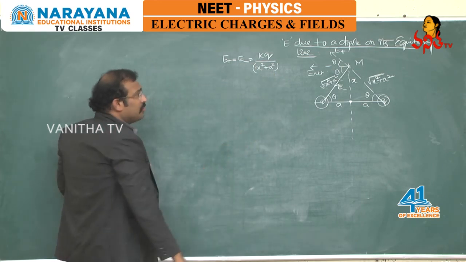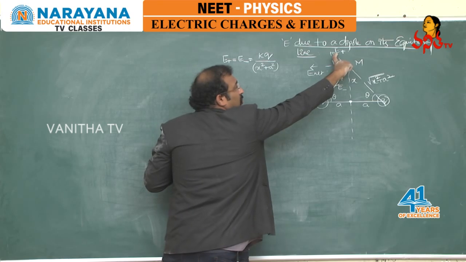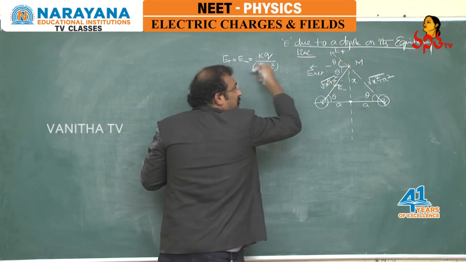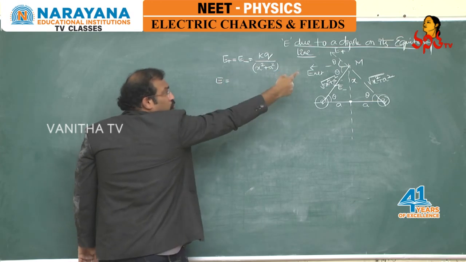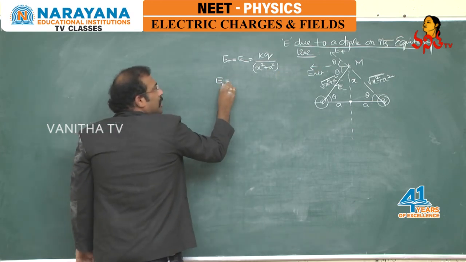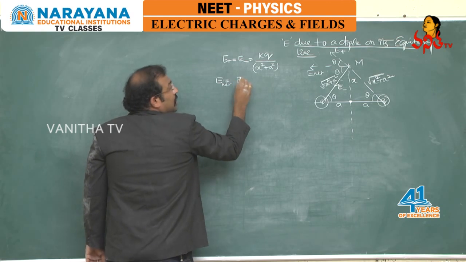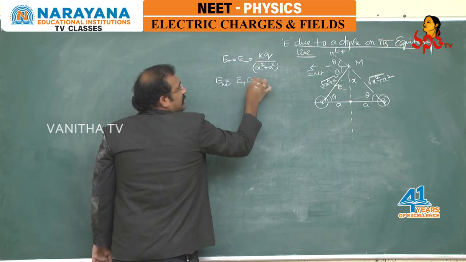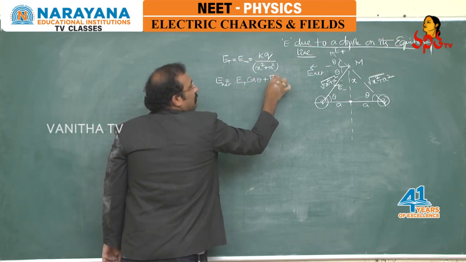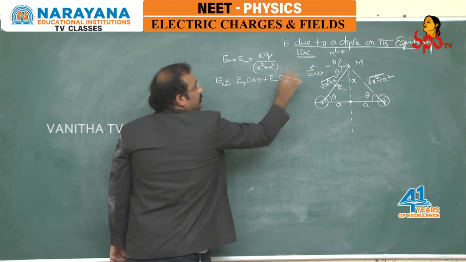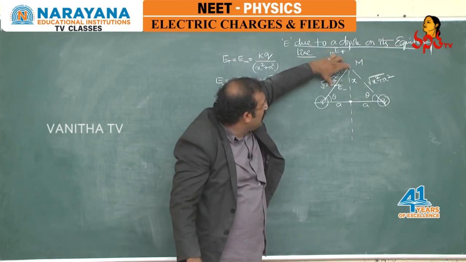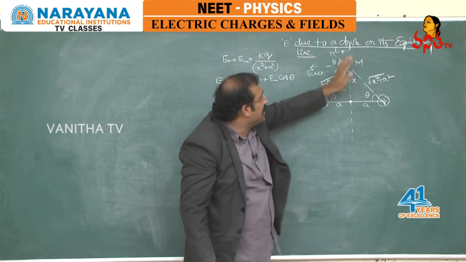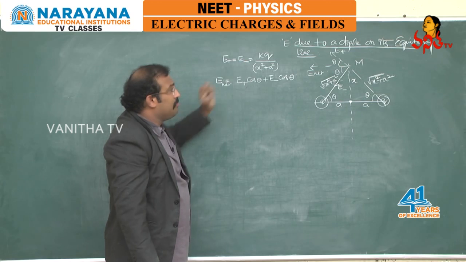Now the two components towards the left side will get added up. E net is equal to E plus cos theta plus E minus cos theta. The other two components, E plus sin theta and E minus sin theta, will get cancelled out because E plus is equal to E minus.